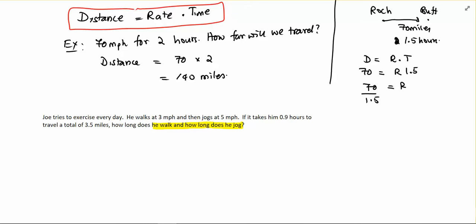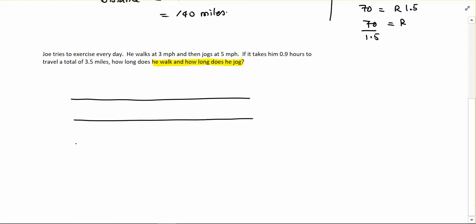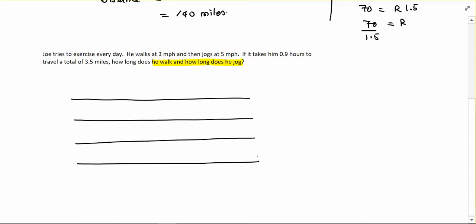These distance, rate, time problems can also be done with a table. So I'm going to create a table. The rows of the table are the activities he does: he walks, he jogs, and this is his total trip.